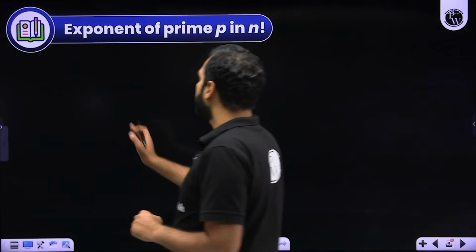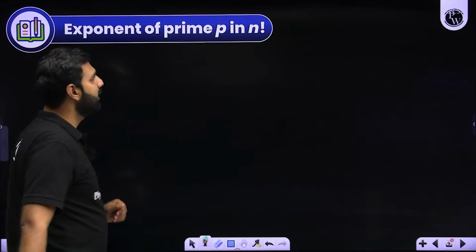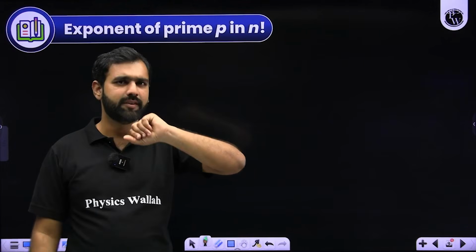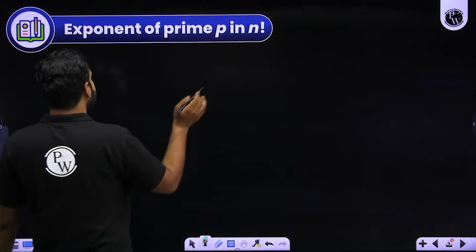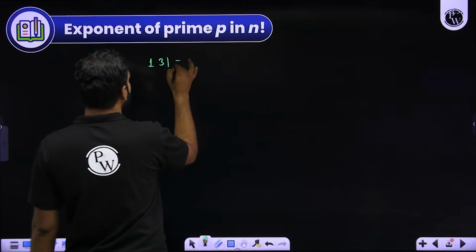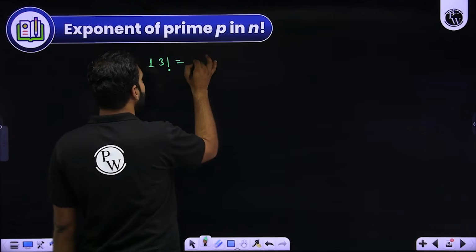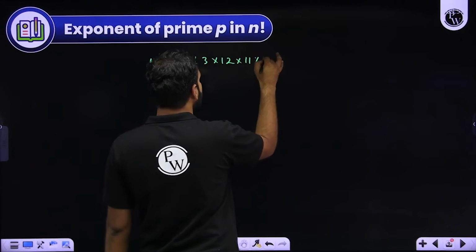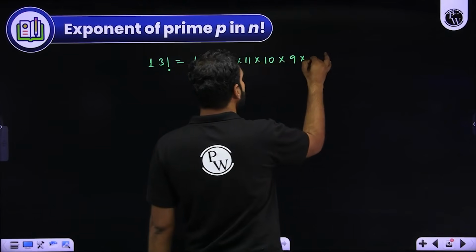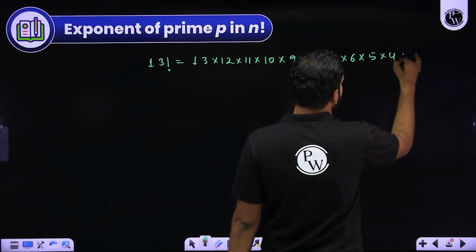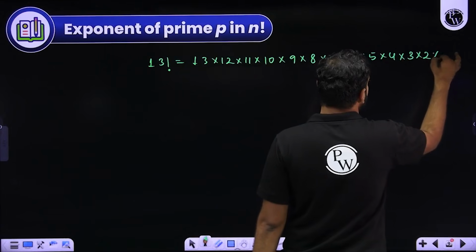Now, we'll talk about the next concept, which is called exponent of prime p in n factorial. What does it mean? Let us analyze 13 factorial. What do you mean by 13 factorial? So 13 factorial is going to be 13 into 12 into 11 into 10 into 9 into 8 into 7 into 6 into 5 into 4 into 3 into 2 into 1.